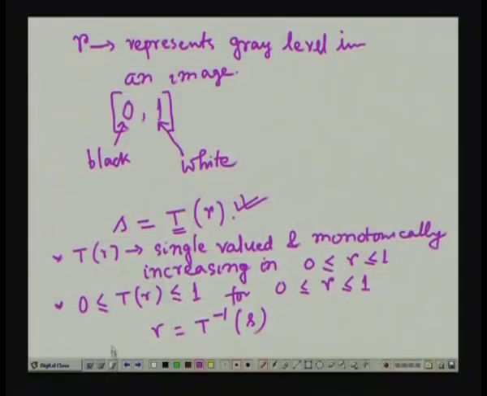Now, let us see how the histograms help us to get a transfer function of this form. So, as we said, we assume that the images take normalized intensity values in the range 0 to 1, and R is an intensity value in the original image, S is an intensity value in the processed image.